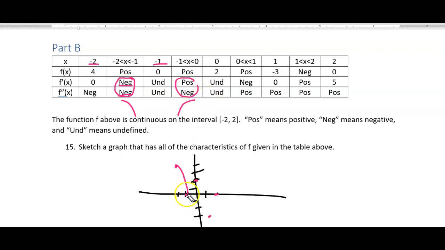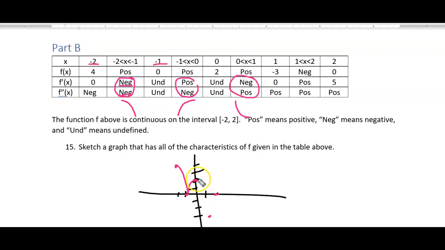As I go from this point to this point, we're going to have a sharp turn all of a sudden here, and it's going to be bending downwards like that. The next interval between 0 and 1, we have a negative slope but a positive concavity. So that means our graph is going in a downward direction, but it's bending up. So that would look like this.